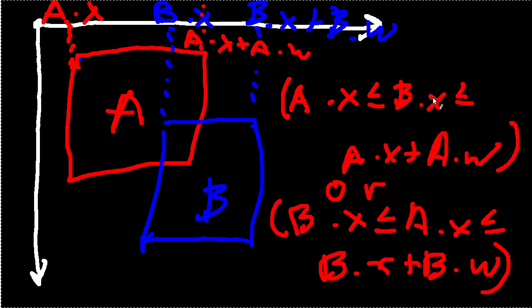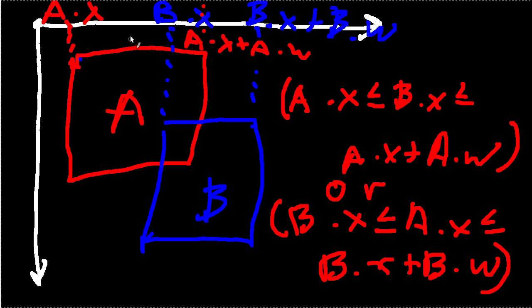Okay. This first expression is saying if the x coordinate is inside this range of A's rectangle. So we're seeing if this point exists anywhere within this range.